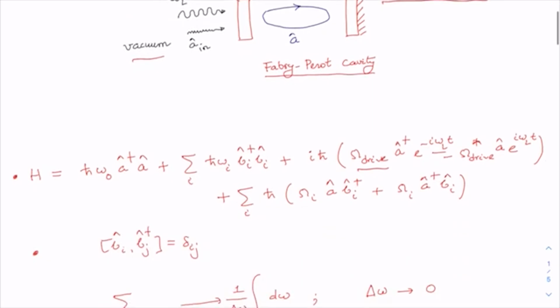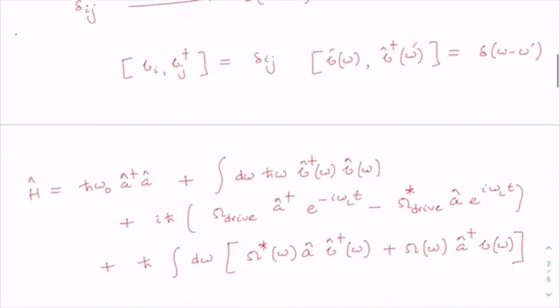We have written down the Hamiltonian and then went on to write this Hamiltonian in the continuum domain because the vacuum could be modeled as an infinite collection of independent Bath oscillators.